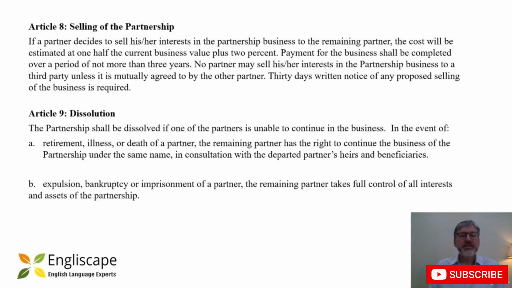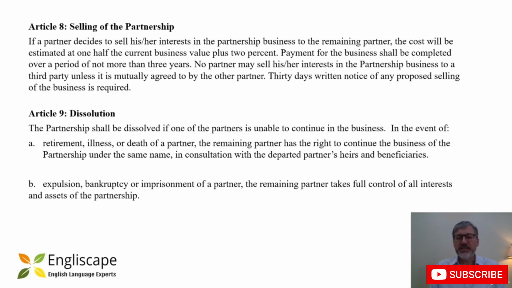Article 8. Selling of the partnership. If a partner decides to sell his or her interests in the partnership business to the remaining partner, the cost will be estimated at 1/2 of the current business value plus 2%.